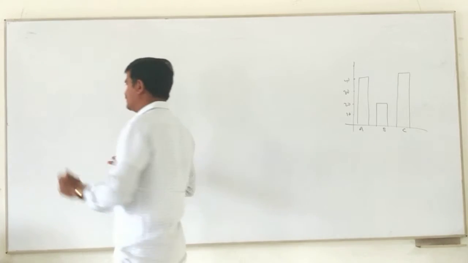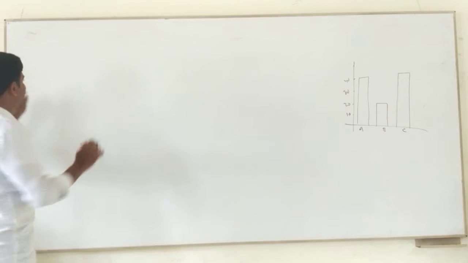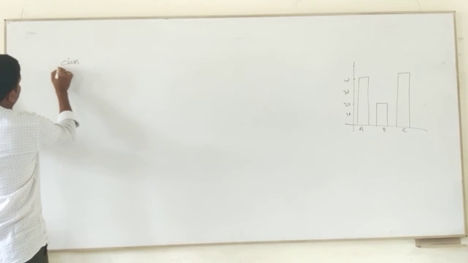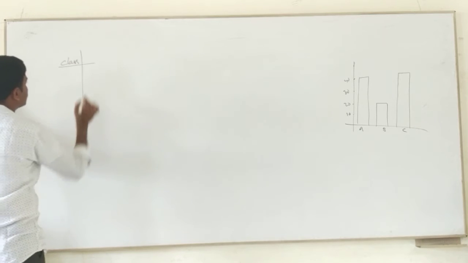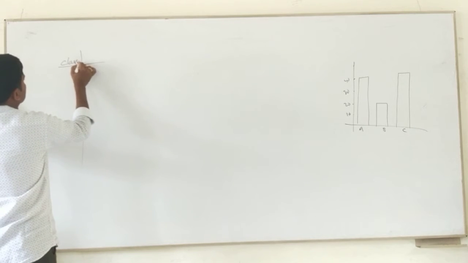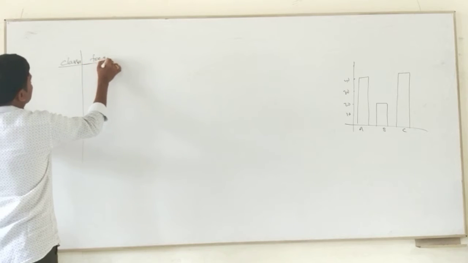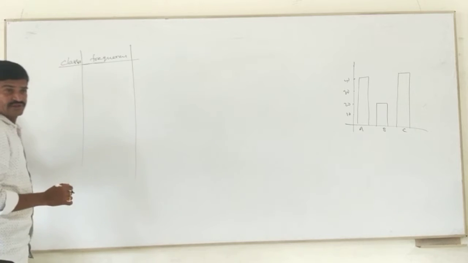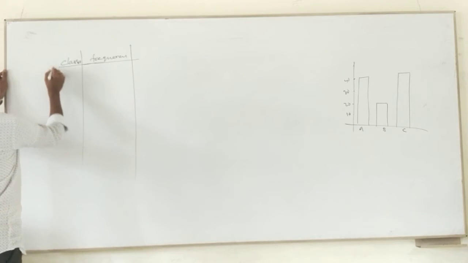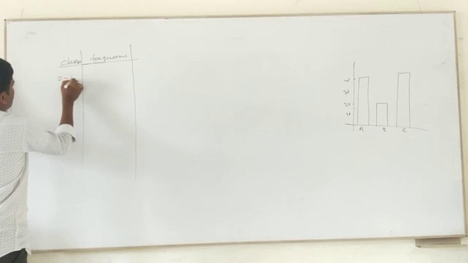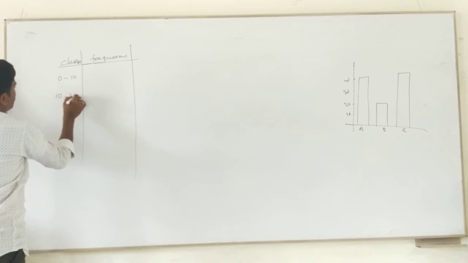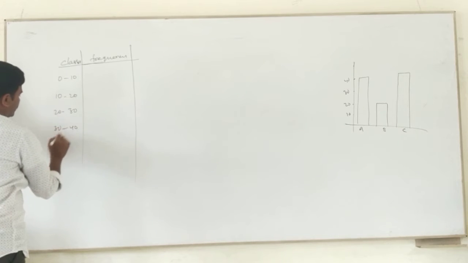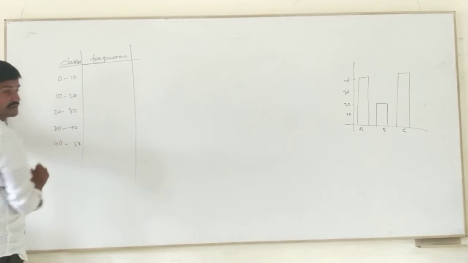Suppose here one table is there, children. I am taking one frequency distribution table with classes and frequency directly. There are no tally marks, everything directly. The classes are 0 to 10, 10 to 20, 20 to 30, 30 to 40, 40 to 50.